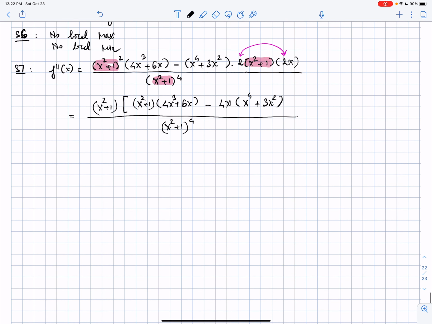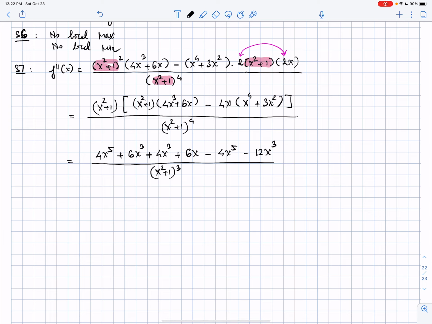Now I can cancel the x squared plus 1 for top and bottom, so I will have (x squared plus 1) to the 3rd power in the denominator. Then I distribute: (x squared plus 1)(4x cubed plus 6x) gives 4x to the 5th plus 6x cubed plus 4x cubed plus 6x, minus 4x to the 5th, minus 12x cubed.